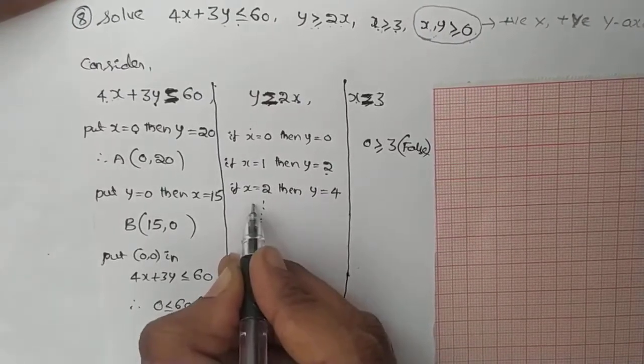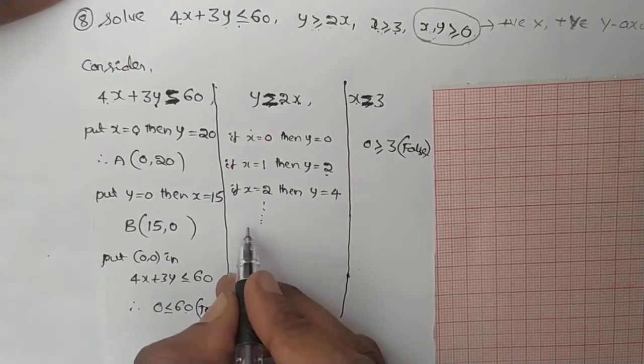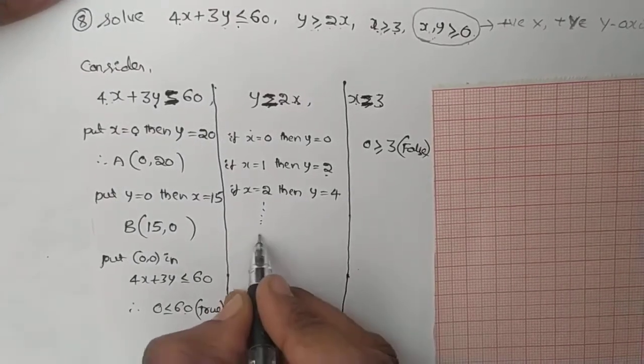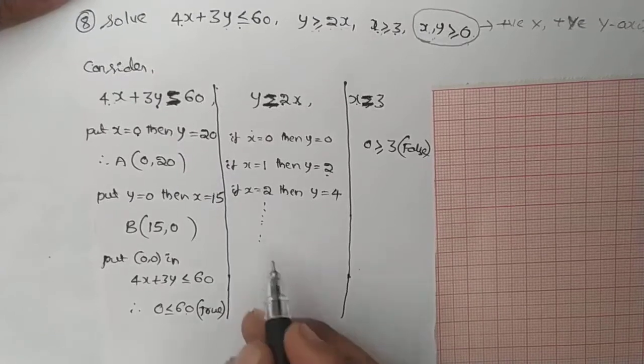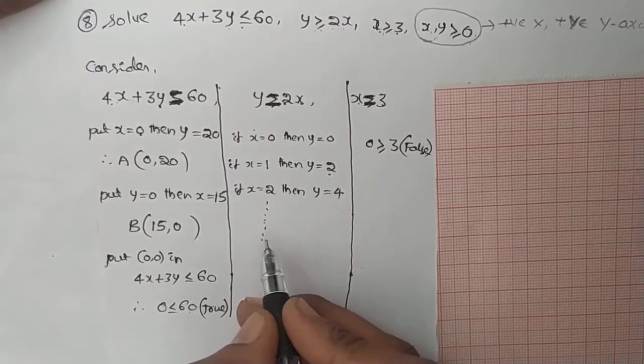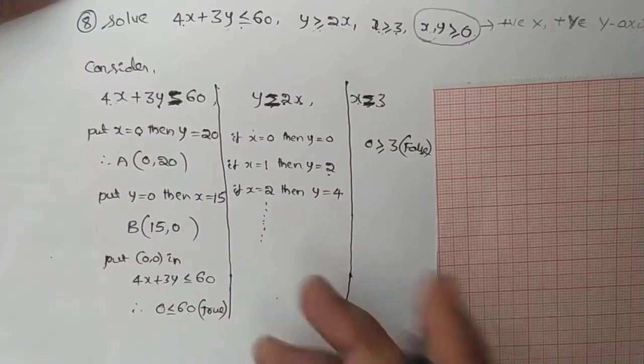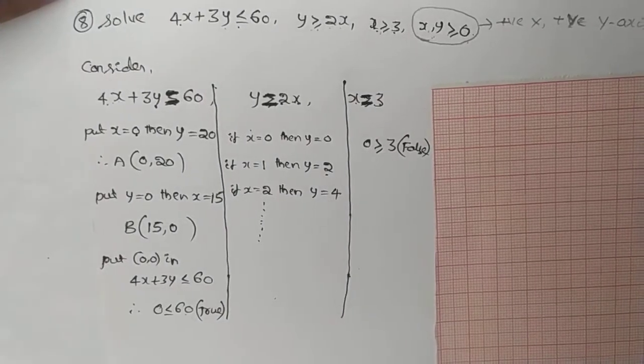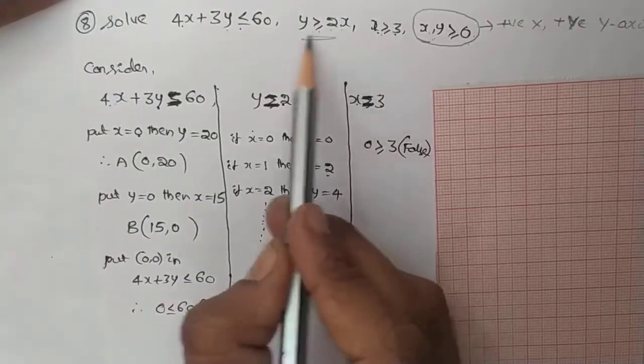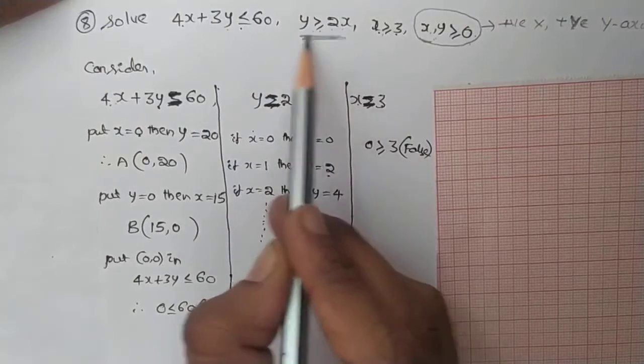If x equals to 3, y equals to 6. If x equals to 4, y equals to 8, like that, and so on. Now, you just see the note point of the previous one. I just told you in the note point itself. If the inequality is given in the form of like this, which point we have to substitute?